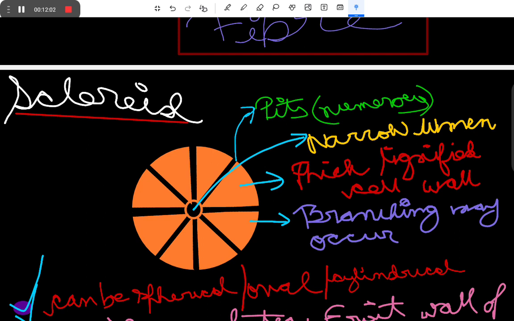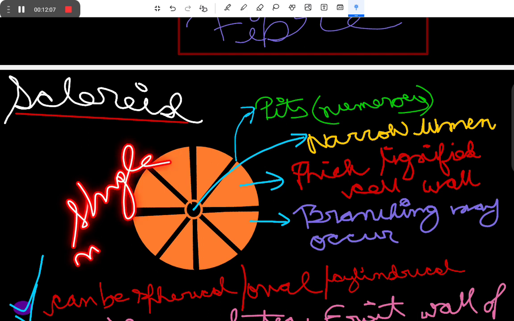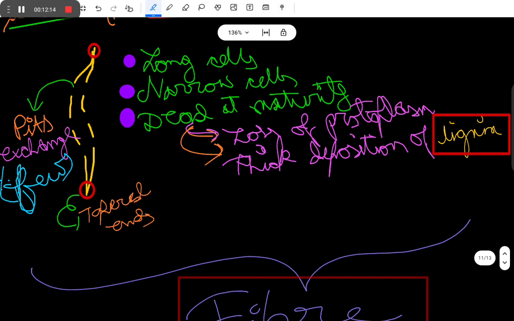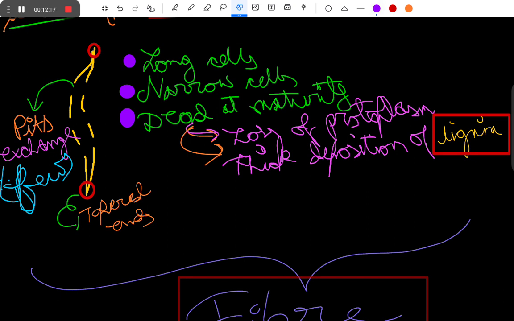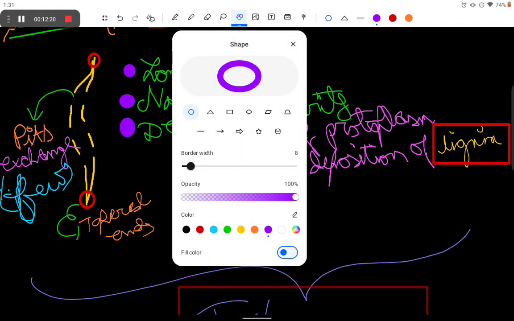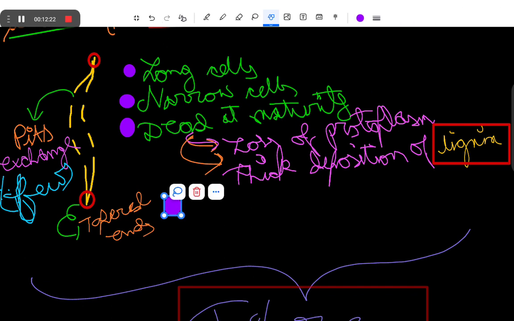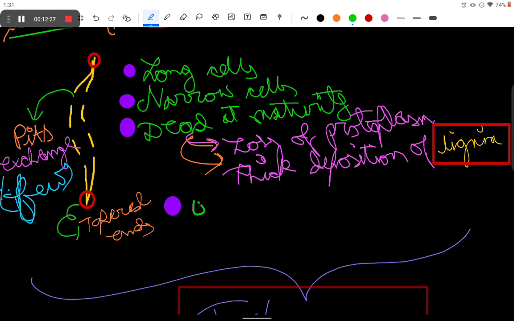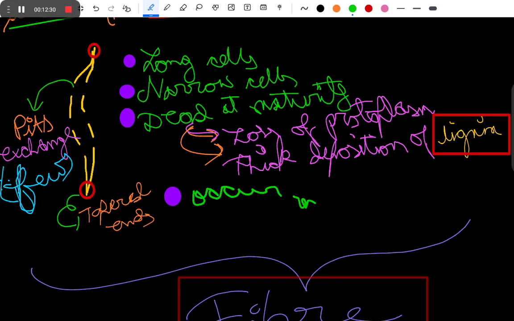Another main difference is that sclereids may occur singly, whereas fibers occur in groups.